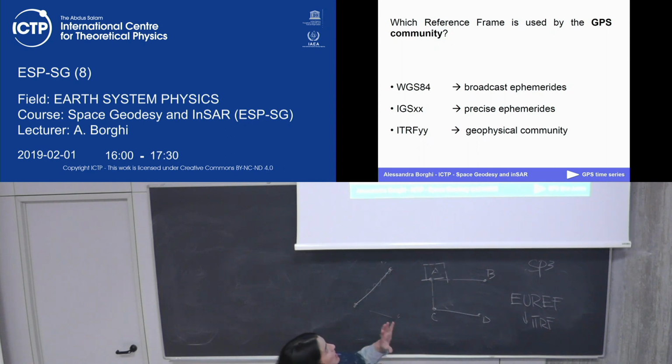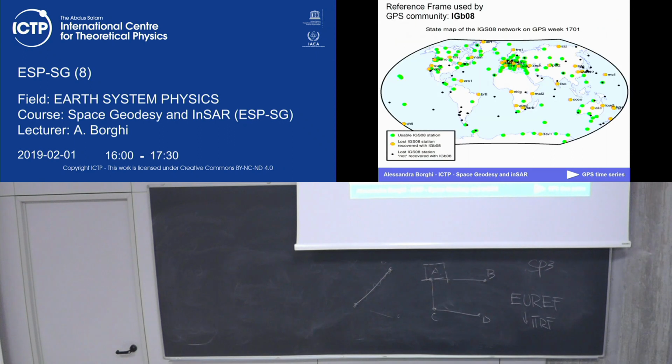And because this reference frame is obtained just by analyzing GPS stations, the orbit is obtained by the analysis of the GPS stations, not VLBI stations, which do not control our satellites. And the GPS network is a very dense network.